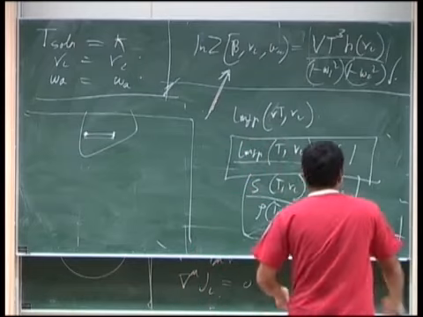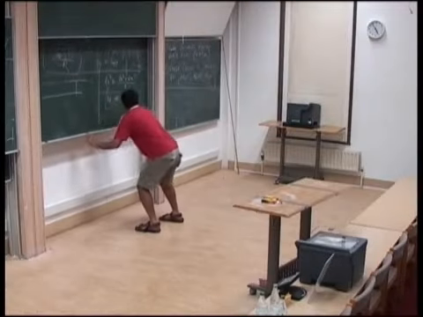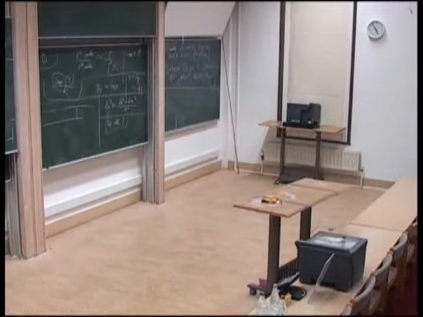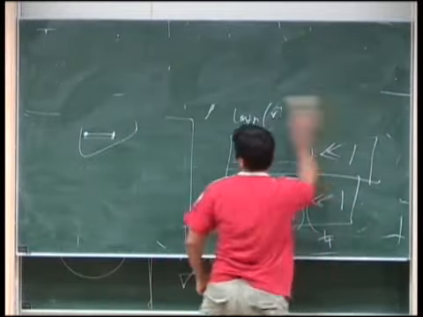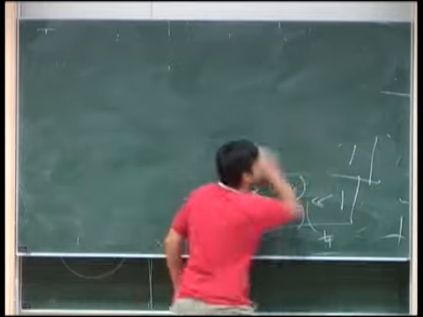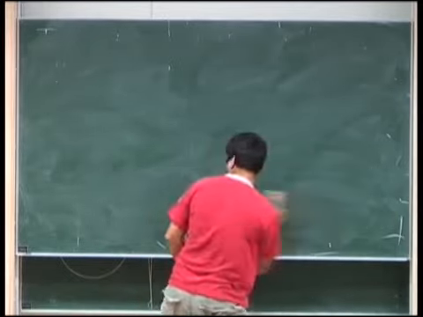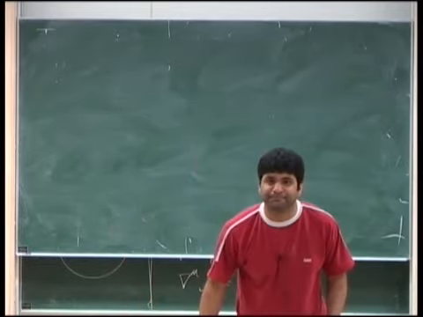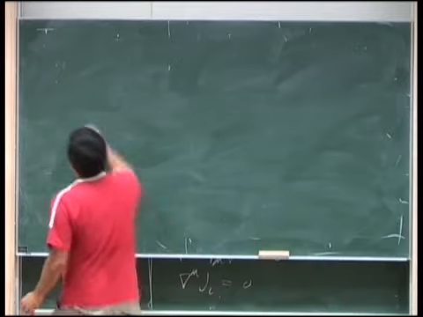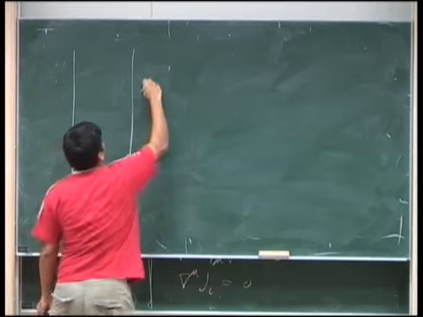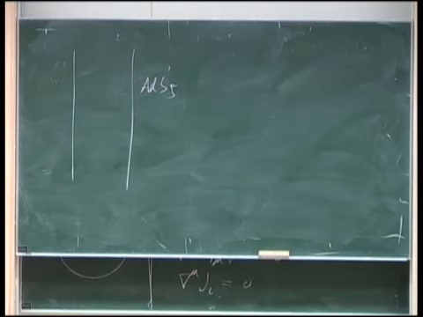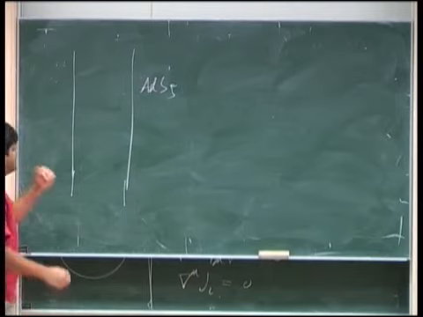In order to do this, I'm going to remind you about certain basic facts about AdS-CFT. So let's say we're in AdS5, and suppose we were in Lorentzian AdS5.